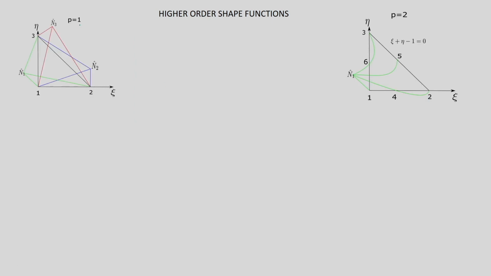So we have shown the master element here. For 1 the coordinate is 0, 0, for 2 the coordinate is 1, 0, and for 3 the coordinate is 0, 1. Now in this case we are defining the shape function in the master element.